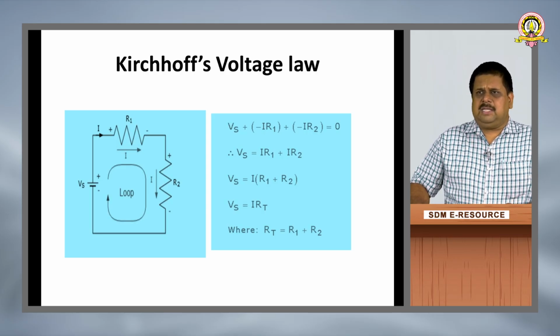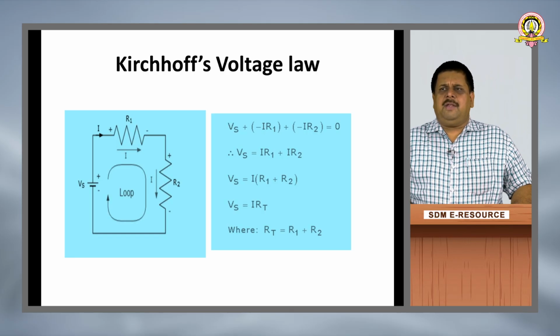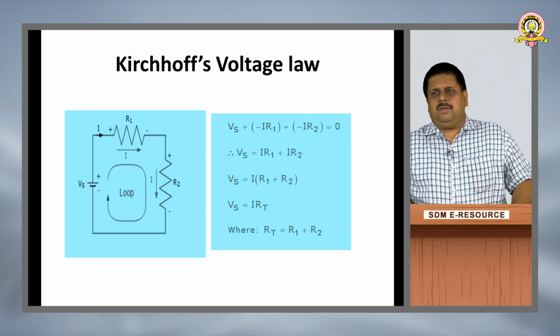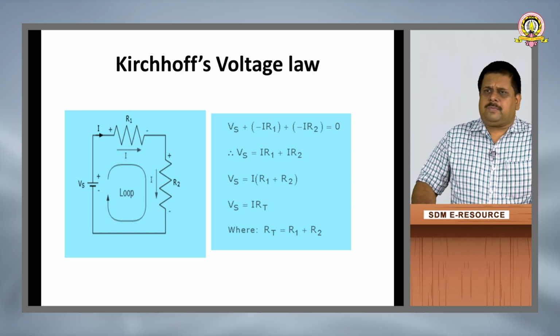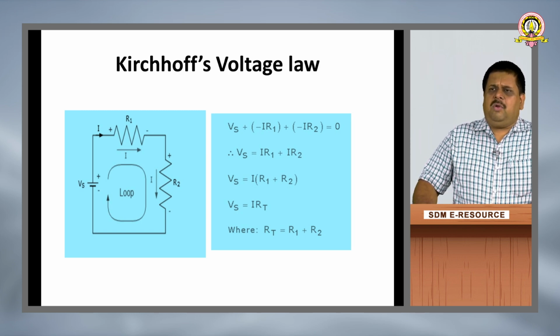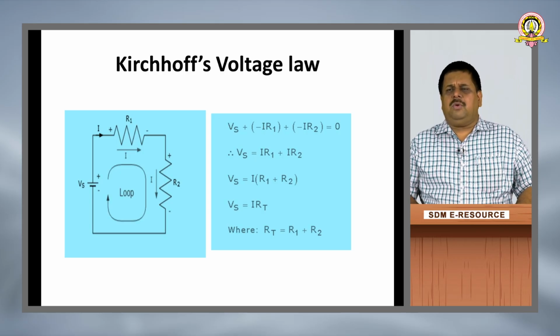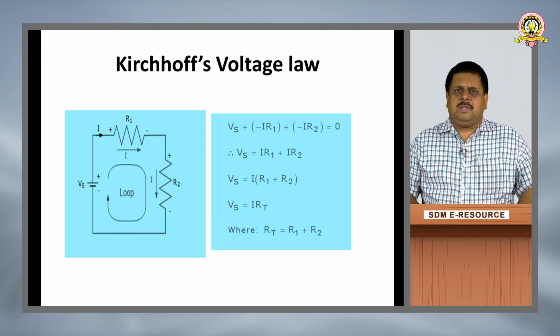Therefore, Vs is equal to I into R1 plus I into R2, or Vs is equal to I into (R1 plus R2), or Vs equals I into R total, where R total is equal to R1 plus R2.